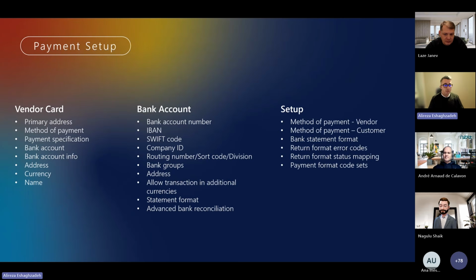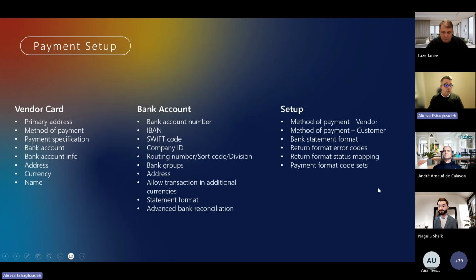In some countries, for example in Norway, we need to have a division for some banks as a requirement, or in the UK, you need to have the sort code to fill out. And in other countries, you may not need the routing number or a specific ID, which we call the signer ID or agreement ID that you need to have with the bank.